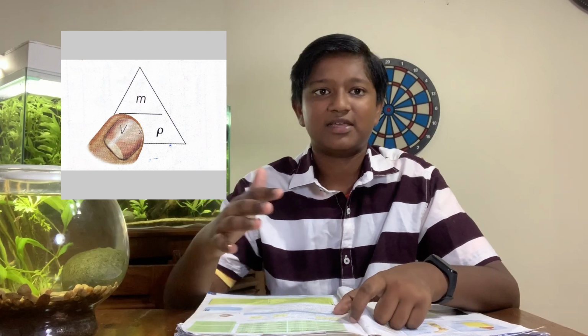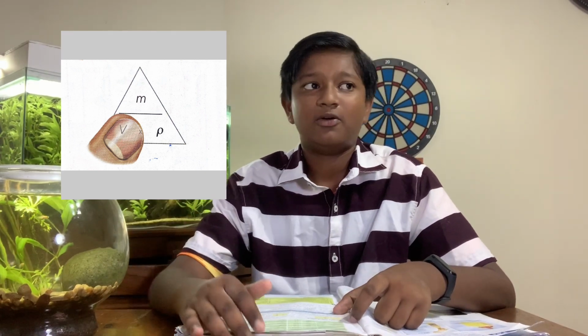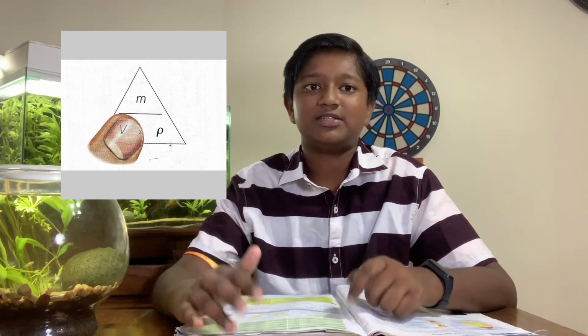So you can say volume equals mass over density, or density equals mass over volume, or mass equals volume times density. Using this formula, they will give questions like the one I'm about to say, and it's not too hard to answer as long as you understand this triangle and what it means.